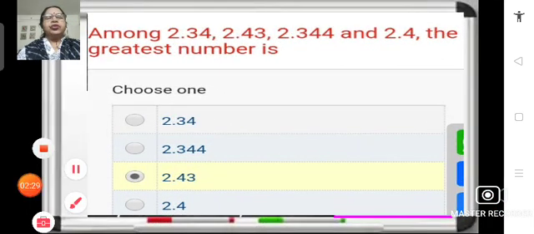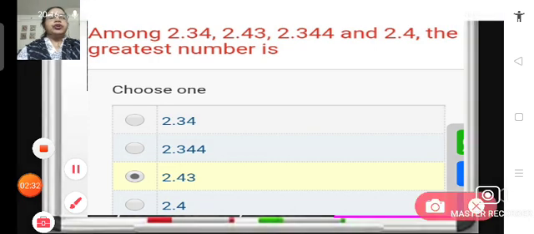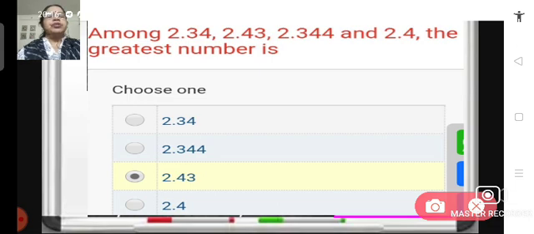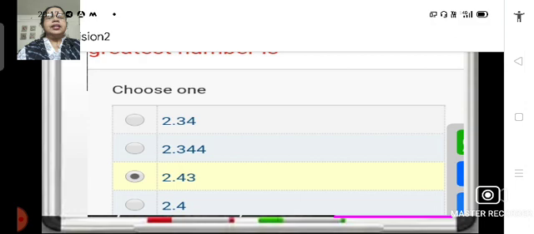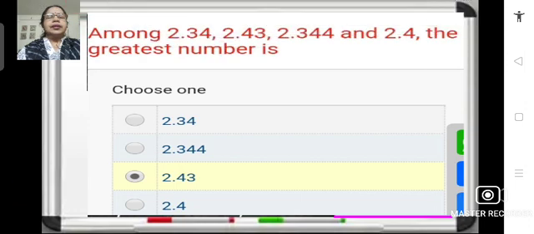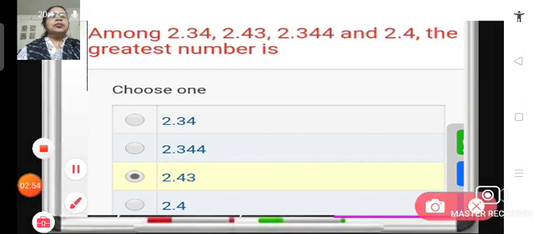Among 2.34, 2.43, 2.344 and 2.4, the greatest number is. Which is the greatest number here? Children, first for comparing numbers, we see the whole numbers. We look at the whole number. So, in all cases, whole number is 2. Then we look at the digit in the tenths place.